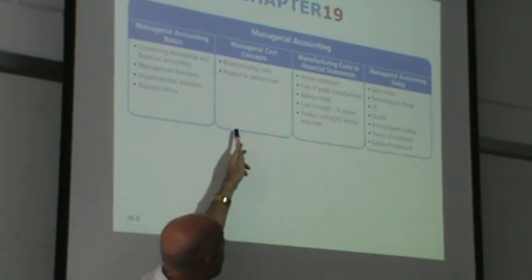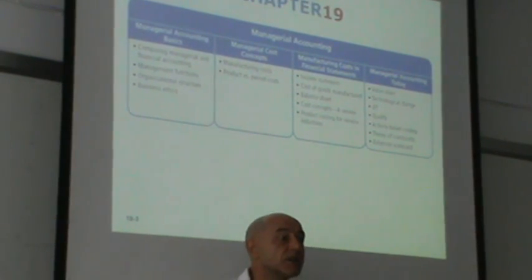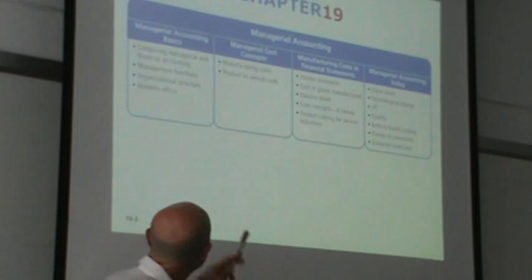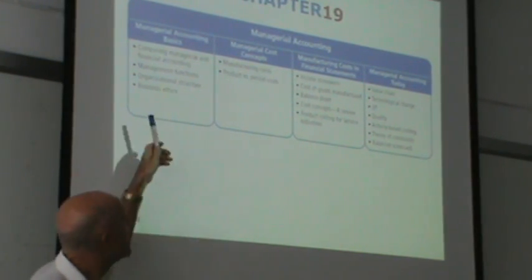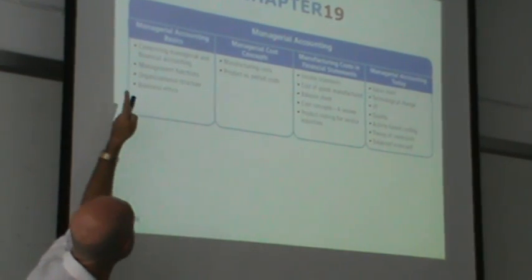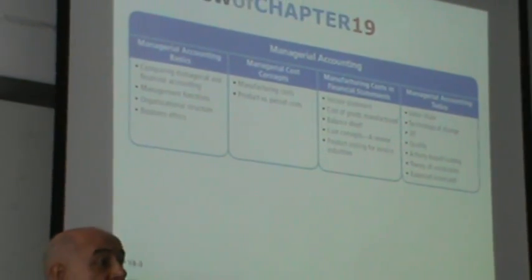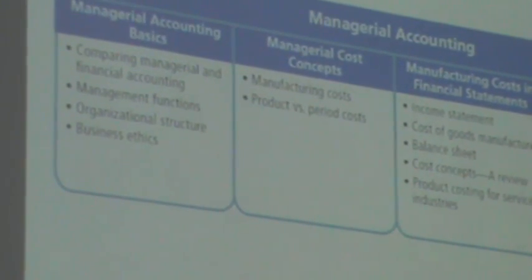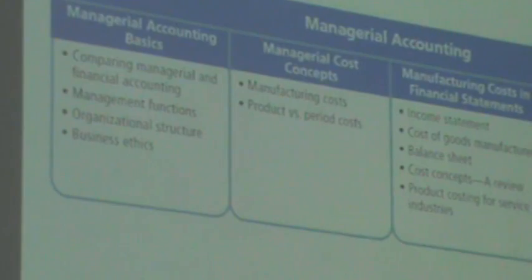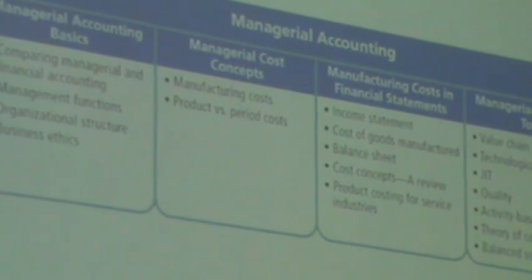We got 4 main sections. Today for introduction, we're going to cover only this section. We're going to compare managerial and financial accounting so we can tell the difference of what you studied so far with what we will study over the next couple of months.